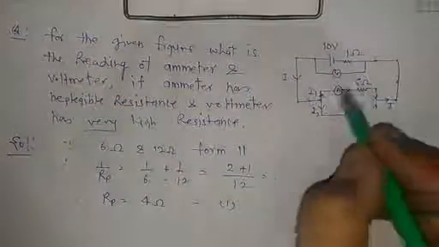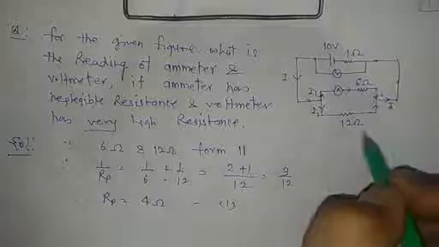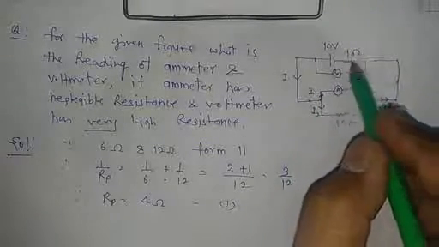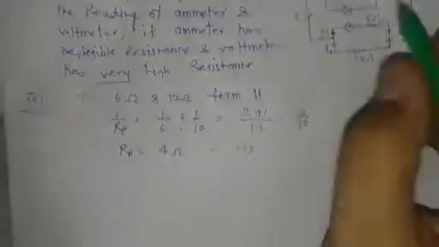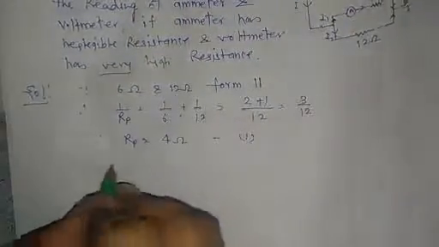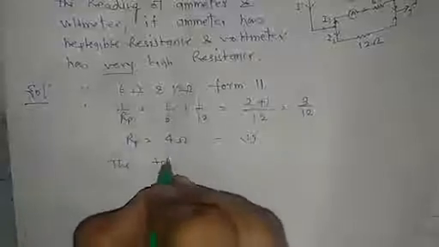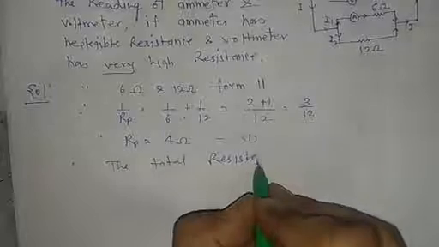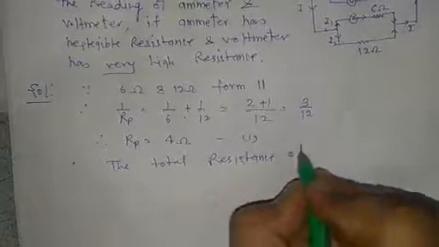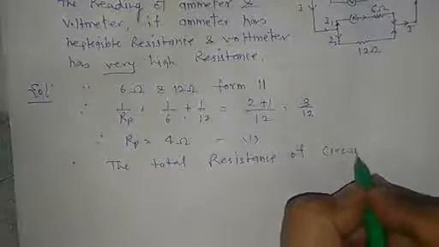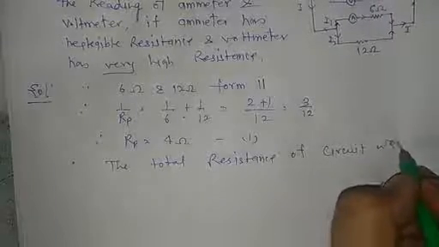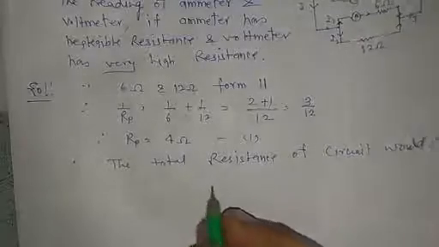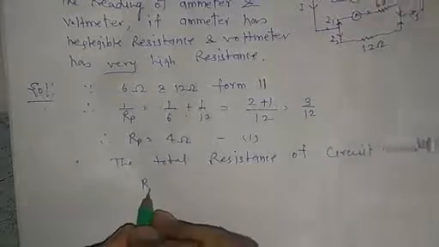This combination is connected with the cell, and the cell has an internal resistance of 1 ohm. Therefore the total resistance of the circuit would be Rp plus the internal resistance.